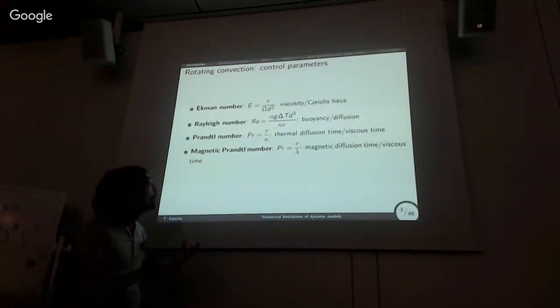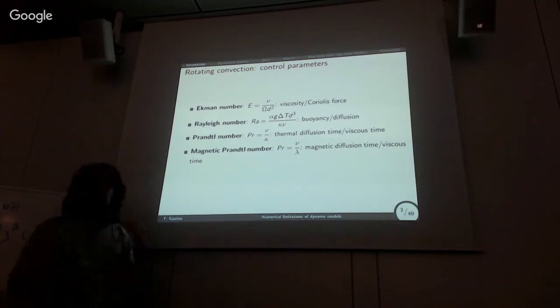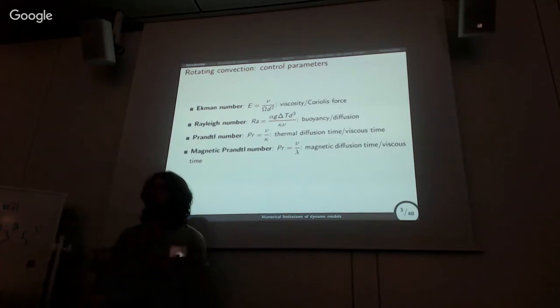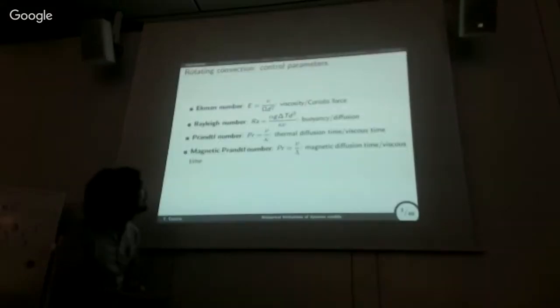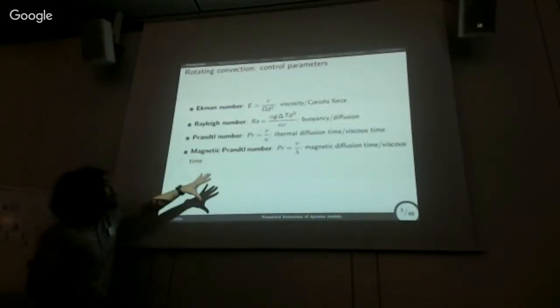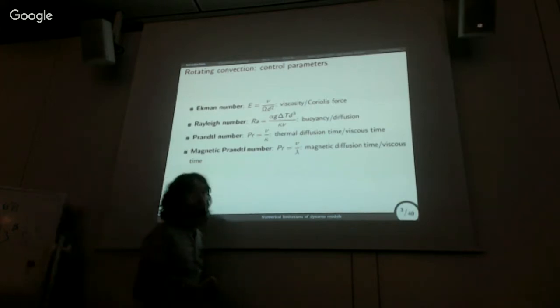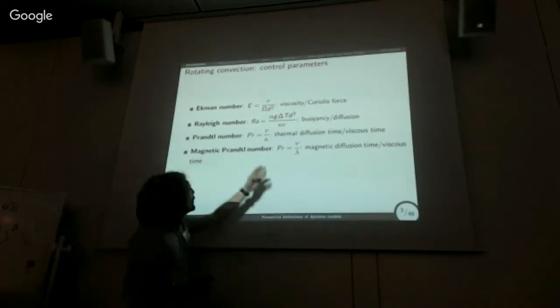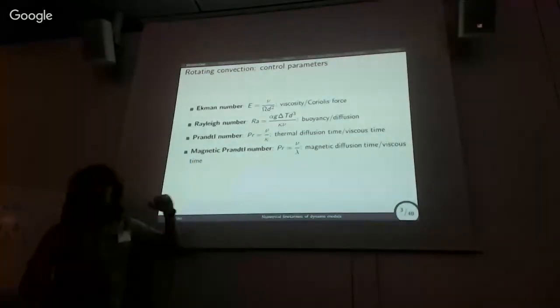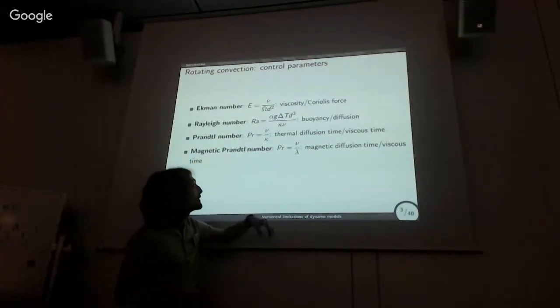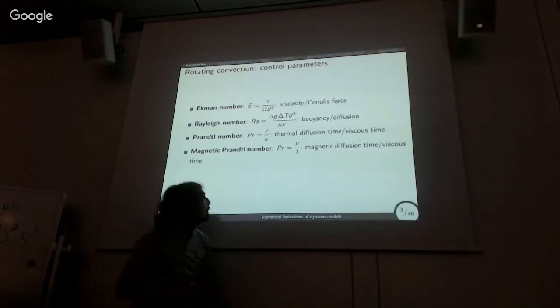You can see it as a ratio of the buoyancy force over the different diffusive processes in your system, both thermal diffusion and viscous diffusion. Both Prandtl numbers, the Prandtl number and the magnetic Prandtl number, can be seen as ratios of typical timescales in your system. The Prandtl number is the ratio of the thermal diffusion time over the viscous diffusion time, and then the magnetic Prandtl number is the magnetic diffusion time over the viscous time.